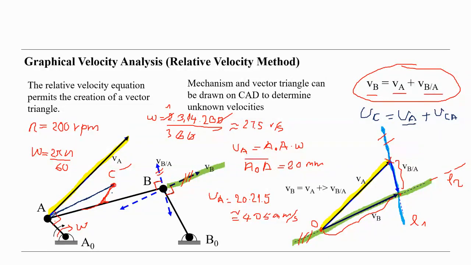We have to find the instantaneous center, the turning instant center of AB, and we will learn that. And the instant center is like this.